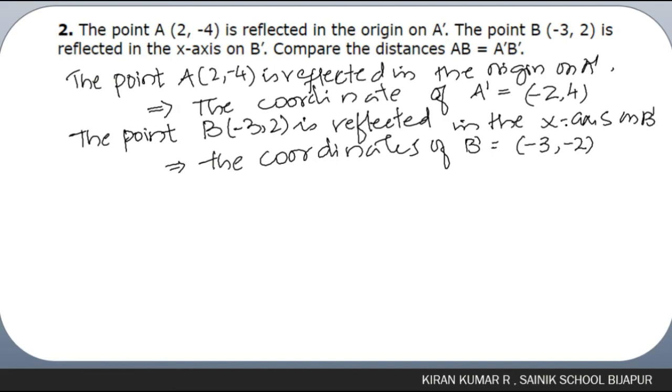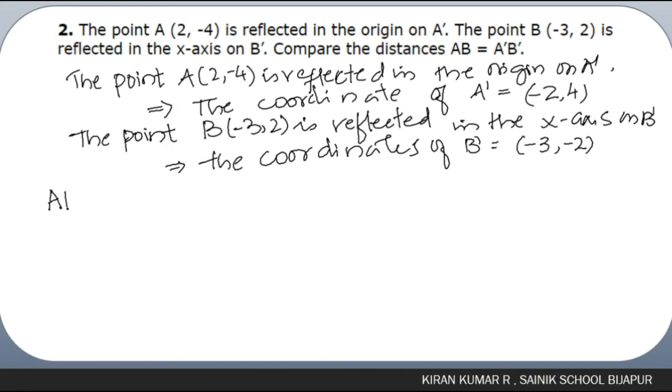Since it is x-axis, I have to keep the same x-coordinate and only the value of y is to be changed as -2. In the earlier case, since it is reflected on origin, I have to consider the change in sign of the x coordinate and y coordinate also.